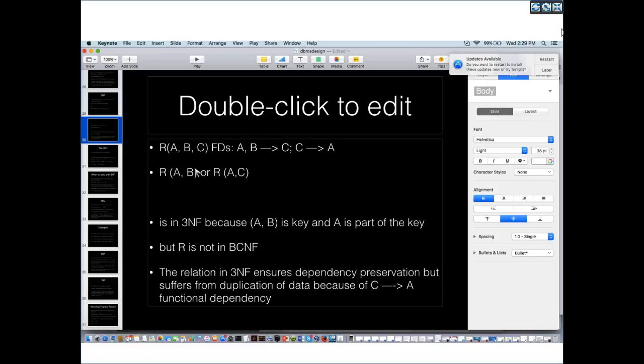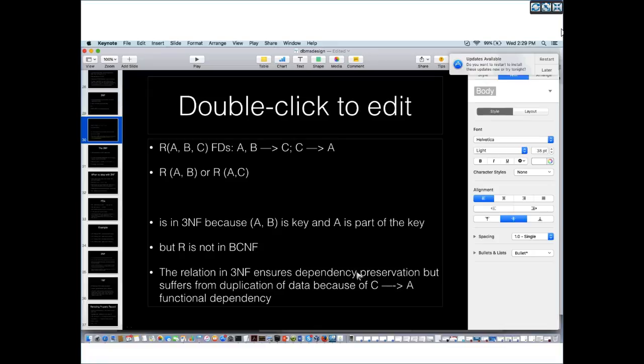These two relations will be in BCNF, but A is going to be the key here. So you suddenly will have these two relations in BCNF, but for preserving this dependency, AB together determining C will be lost, because that can no longer be a key.